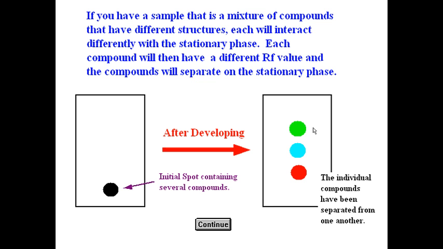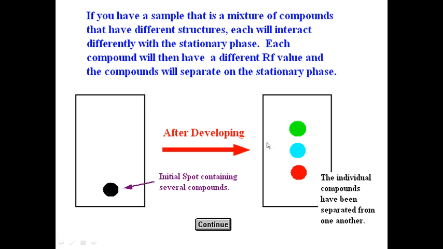In biology, when you do gel electrophoresis, you're separating the components based upon their molecular weight. In chemistry and organic chemistry, we're separating these components based on polarity, not molecular weight. So you have to keep those two techniques straight in your head. Polarity in organic and molecular weight when you're doing gel electrophoresis.